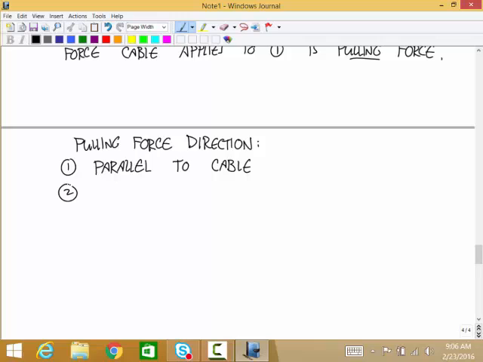And second, remember, if something's pushing, the force is toward the chosen object, away from the contacting object. Pulling is the opposite of that. So a pulling force is away from the chosen object, toward the contacting object.